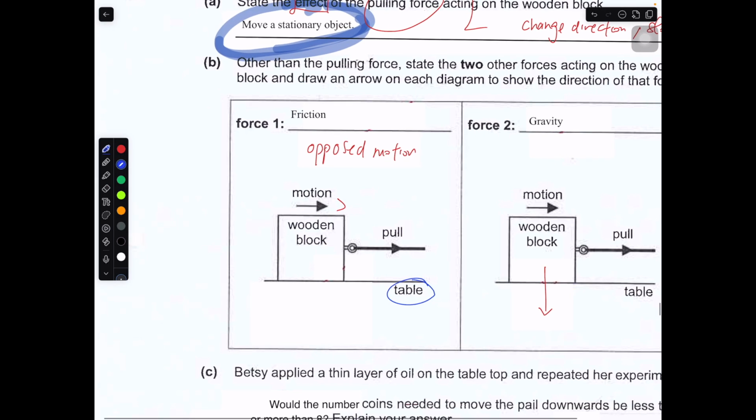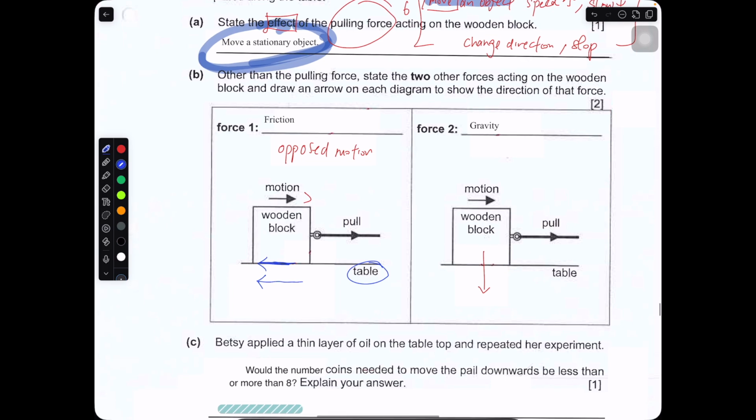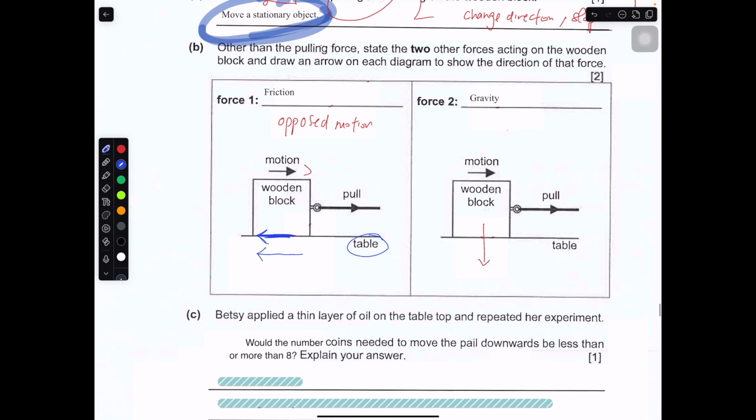A better way to draw this is here. But sometimes your teacher cannot see it, so you can draw it slightly below, to make sure your teacher can actually see the arrows you are drawing, because the line may not be so clear if you draw it on the line. So this is frictional force and gravity.